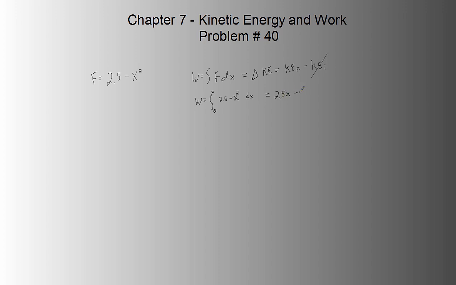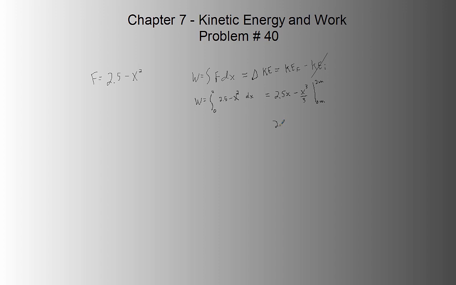The integral of x squared is x cubed over 3, and we're evaluating this from 0 to 2. Maybe I'll just be nice for now and do meters there. And we've got to evaluate this at 2. That's the final minus the initial.